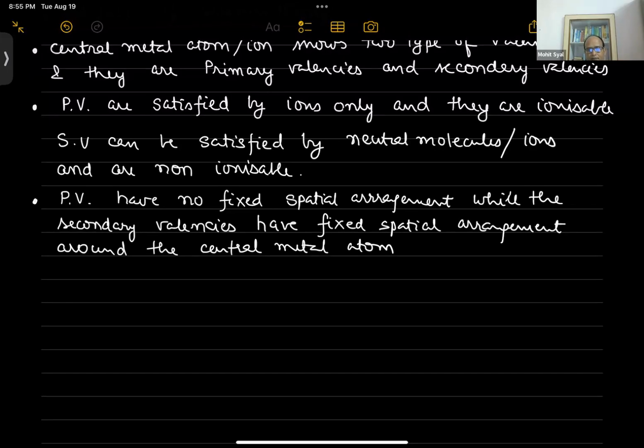The secondary valencies or the secondary linkages, one and the same thing, have the fixed arrangement around the central metal atom or ion, and these arrangements are known as coordination polyhedron.